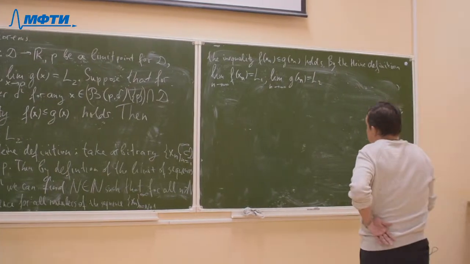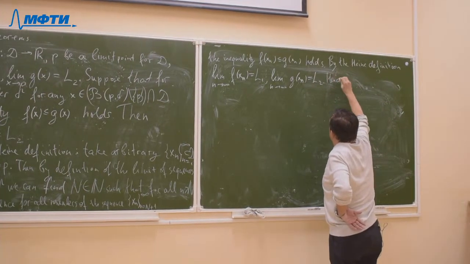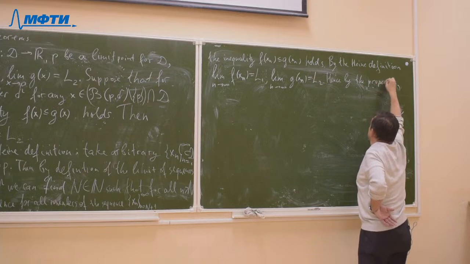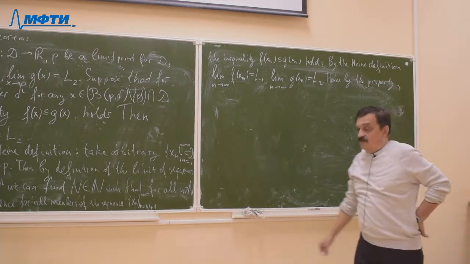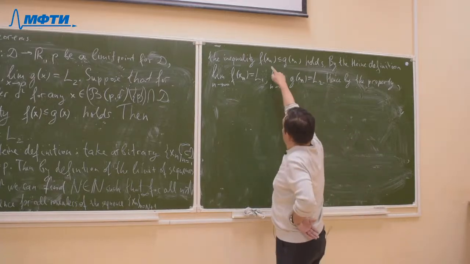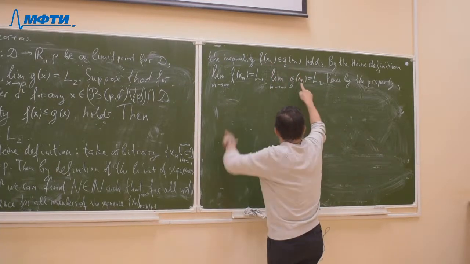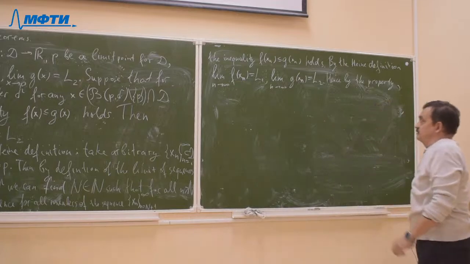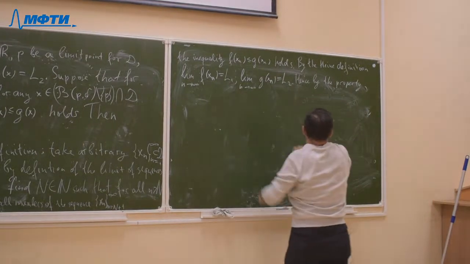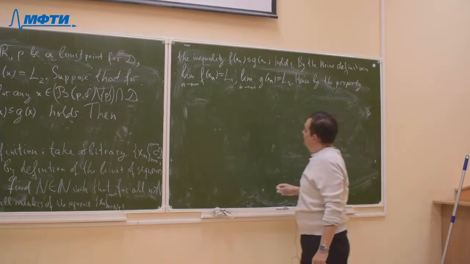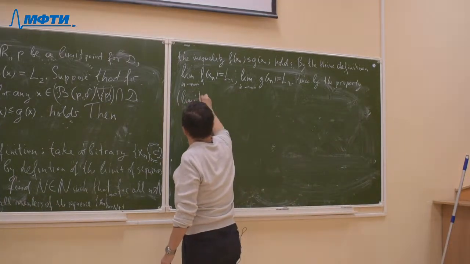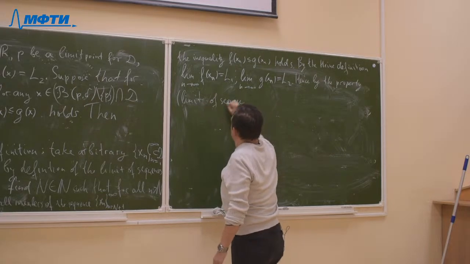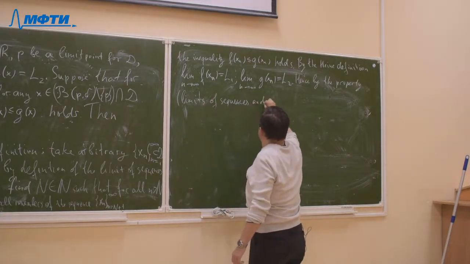And hence, by the property, of course I don't remember precisely the number of this property, if all members of those two convergent sequences satisfy that inequality, then the same inequality is valid for their limits, by the property of limits of sequences and inequalities.